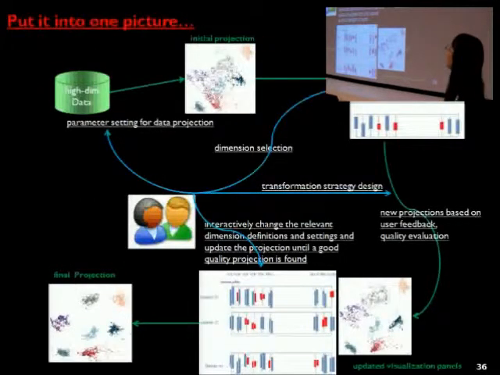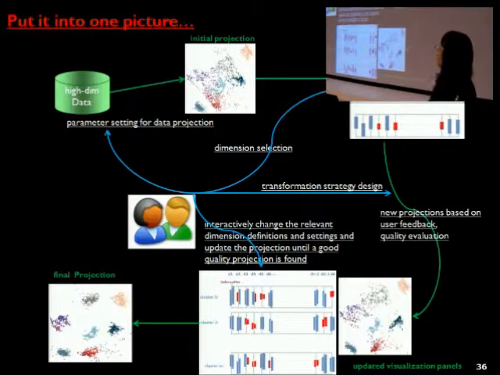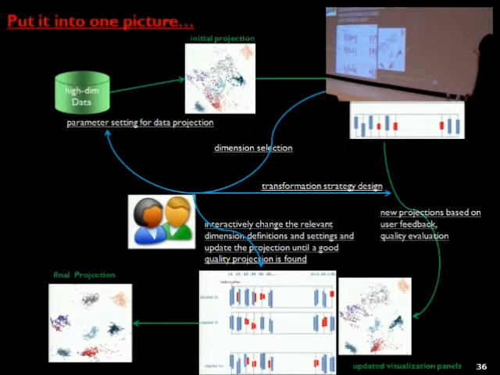The general idea is that when you have high dimensional data, you can develop an interactive system that gives you an initial projection and provides an interactive user interface that allows the analyst to select dimensions or design transformation strategies to transform the data and then reproject the data based on the transformed values. Then you can apply different quality metrics to evaluate the quality of your projection until you get a good projection from the data. And this process can be iterative.